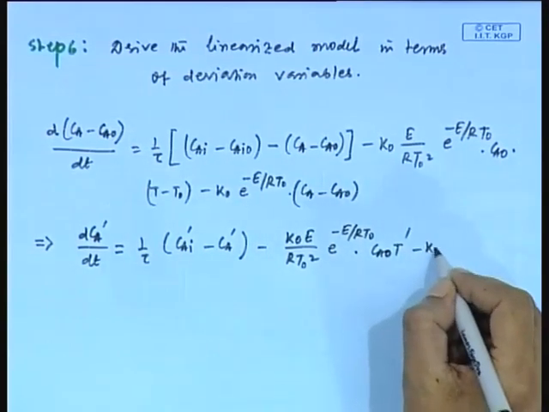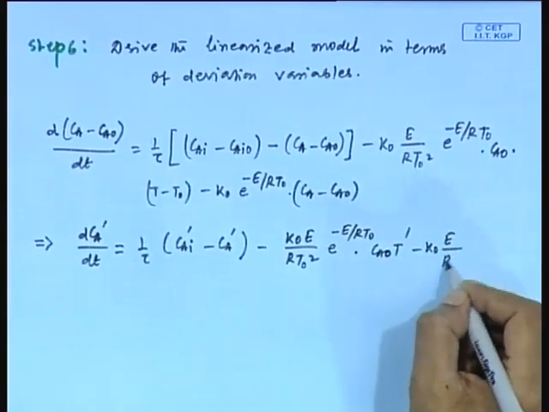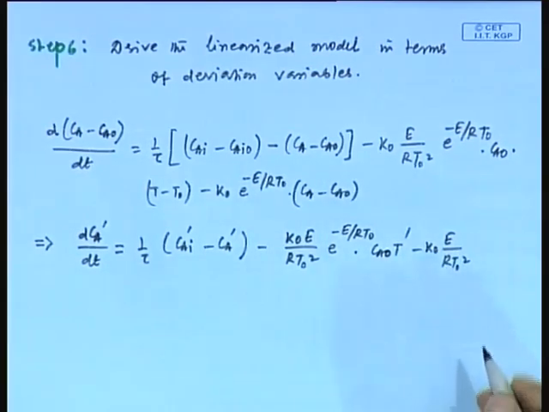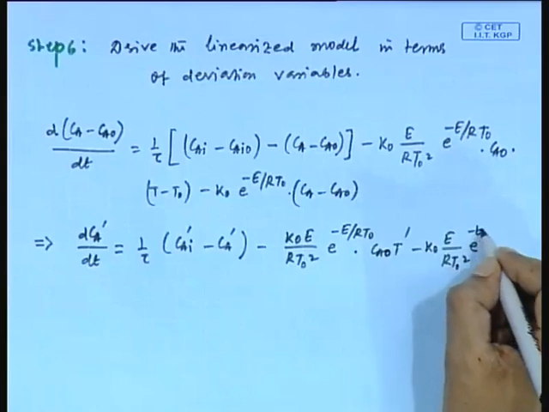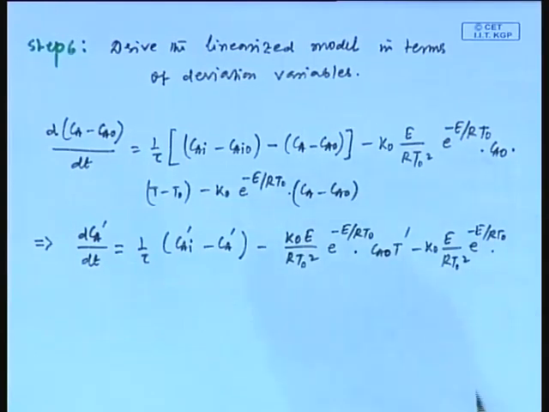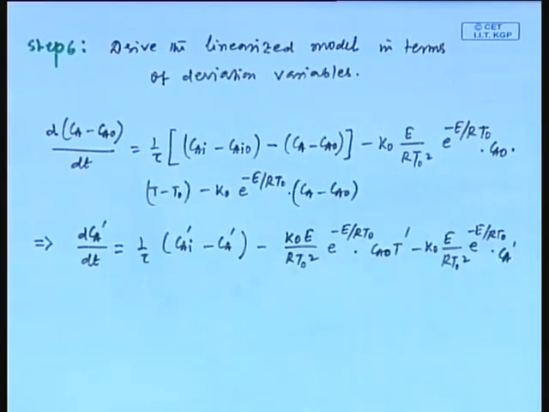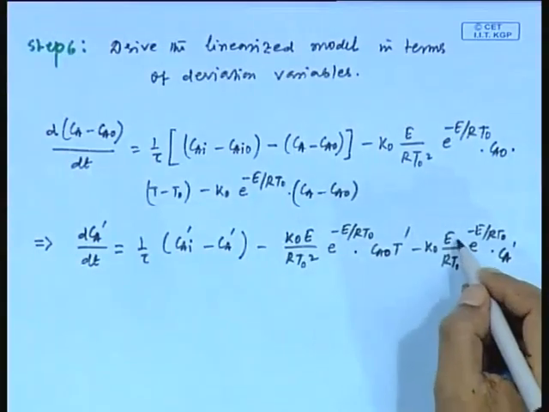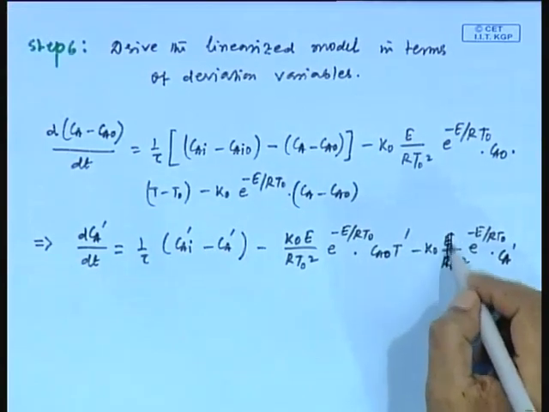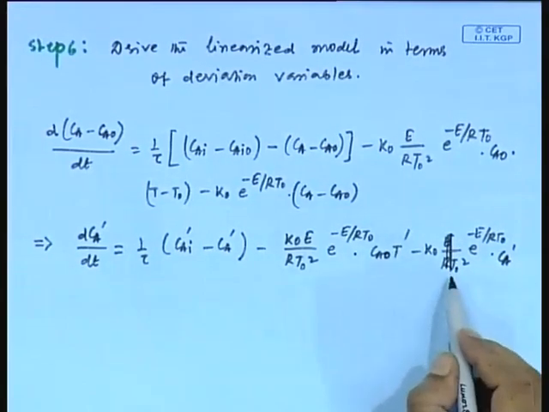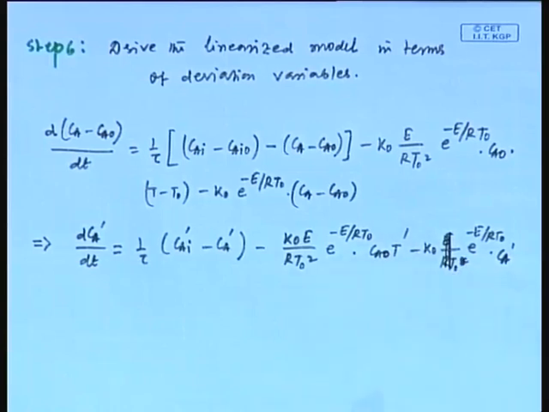Last term will be k naught exponential of minus E divided by R T naught, multiplied by C A prime.